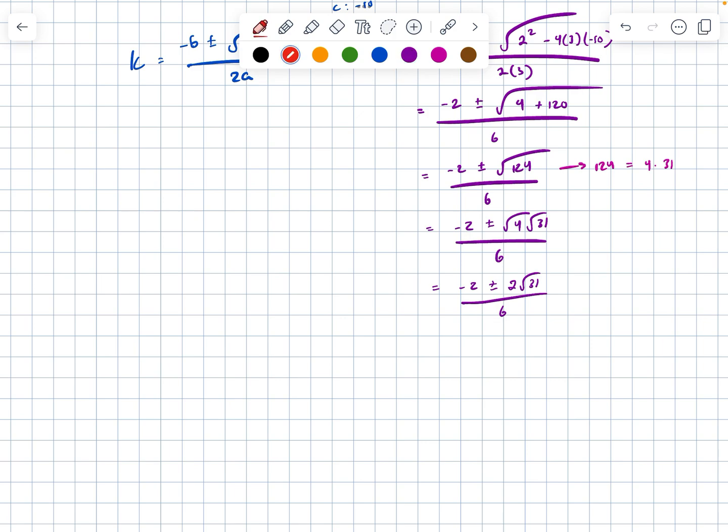And for my final act, let's divide all of those even numbers by 2 to reveal our final solution of k equals negative 1 plus or minus the square root of 31 all over not 6, but 3.